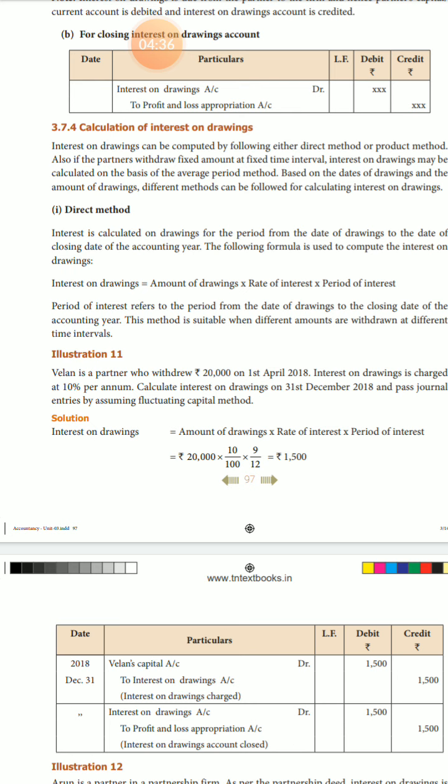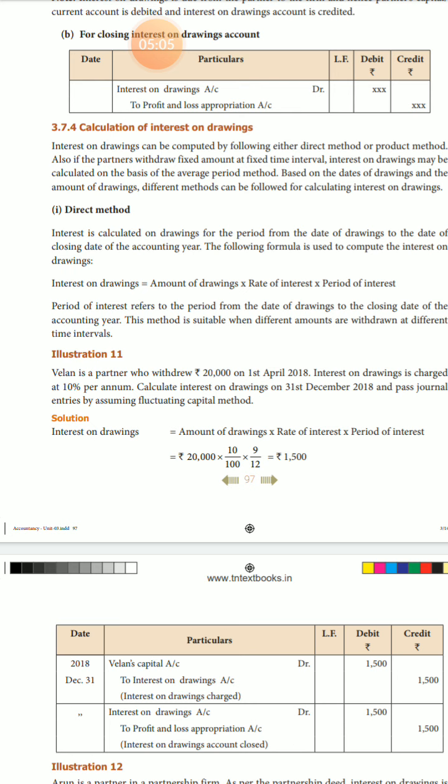Solution. Interest on drawing formula: interest on drawing equals amount of drawing into rate of interest into period of interest. The amount withdrawn is 20,000. How many months are calculated?